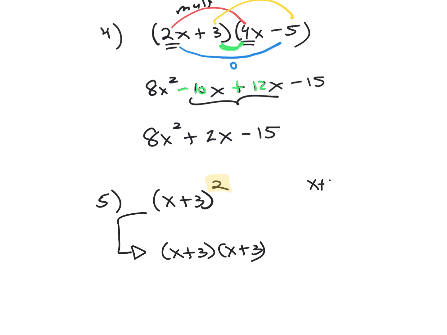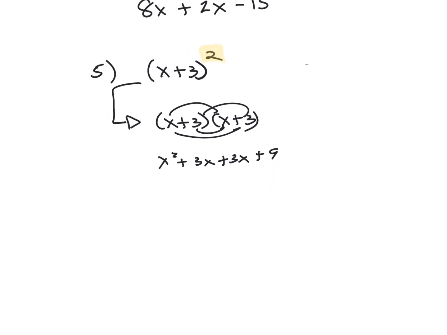If this was x plus 3 to the third power, it would mean an x plus 3 times another x plus 3 times another x plus 3. And then you can do the first ones, the outside ones, the inside ones, and the last ones. And when you combine like terms, that gives you x squared plus 6x plus 9.